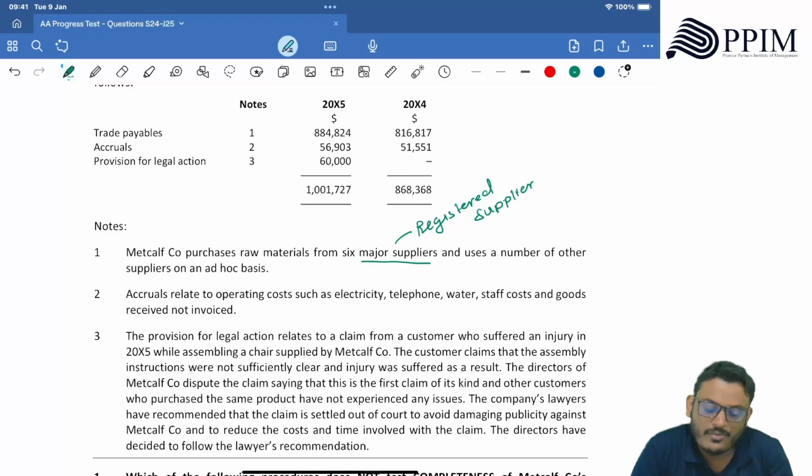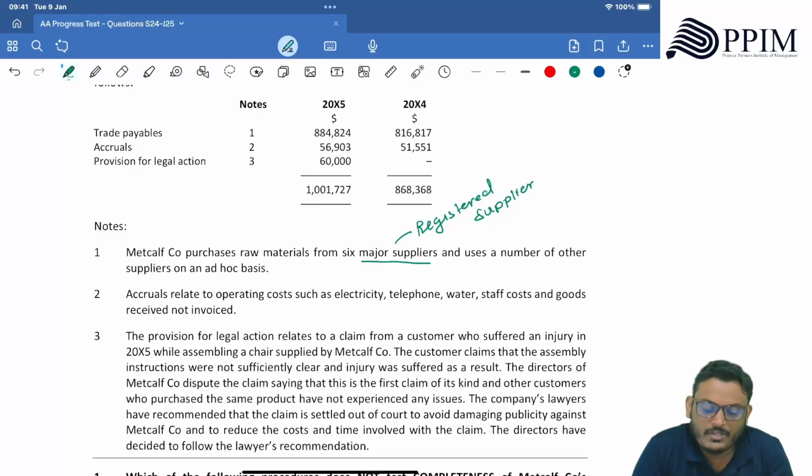The directors of Metcalf Company dispute the claim, saying that is the first claim of its kind and other customers who purchase the same product have not experienced any issues.